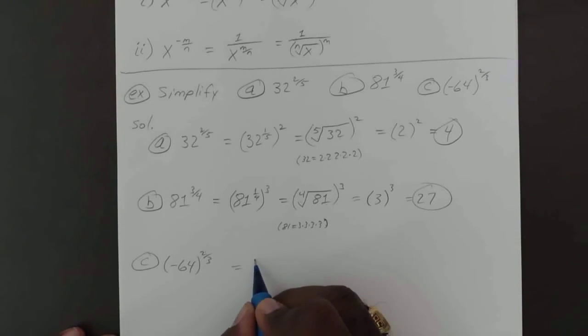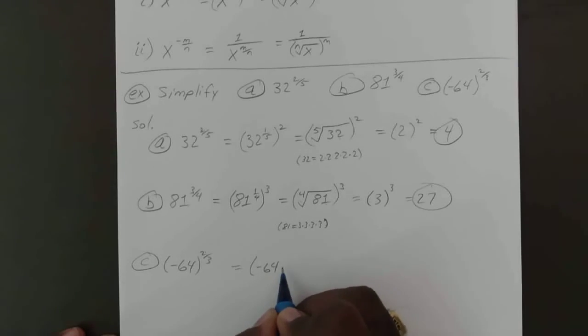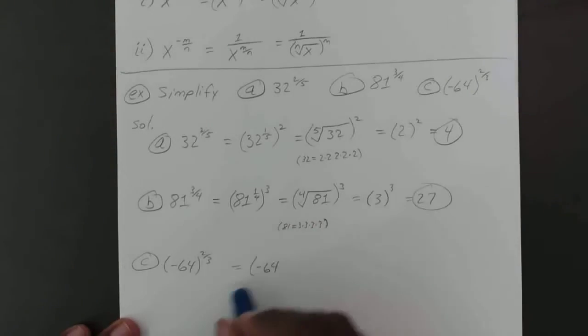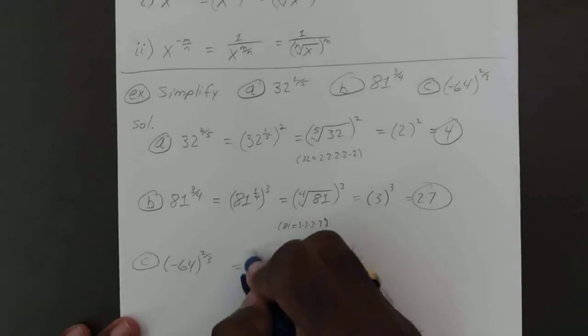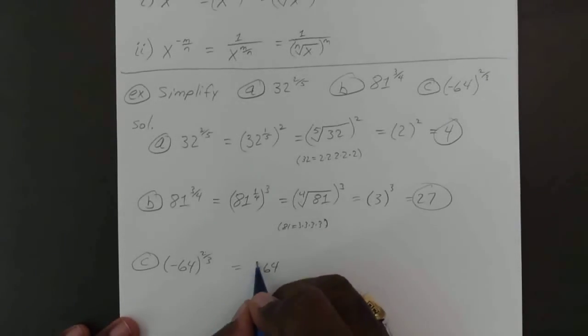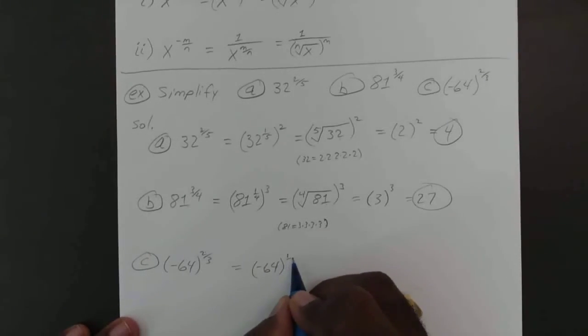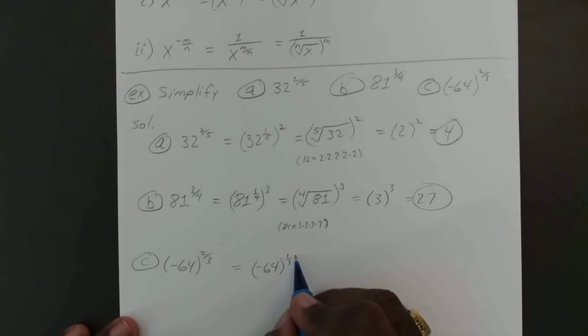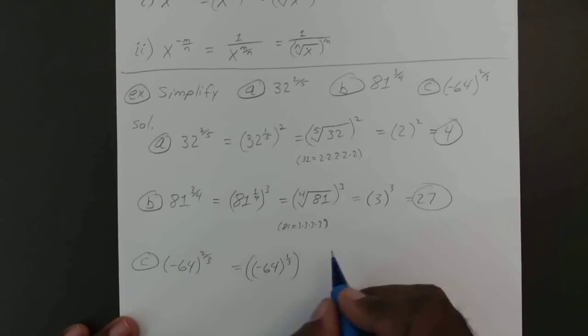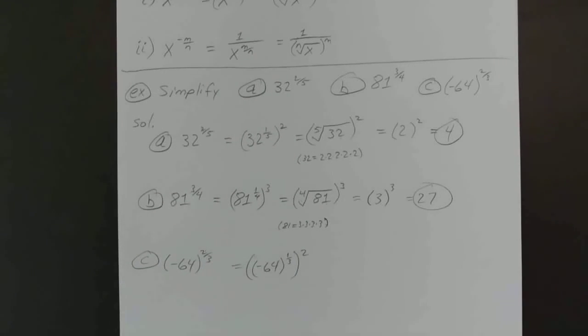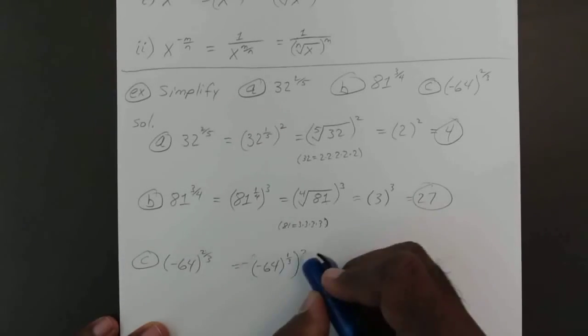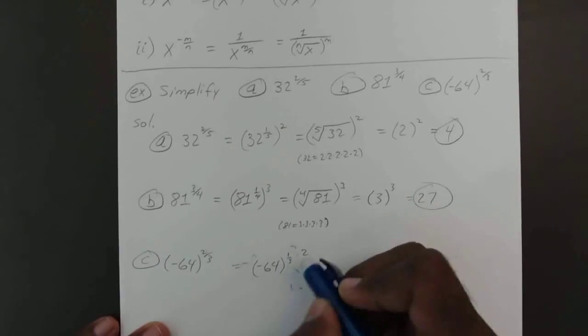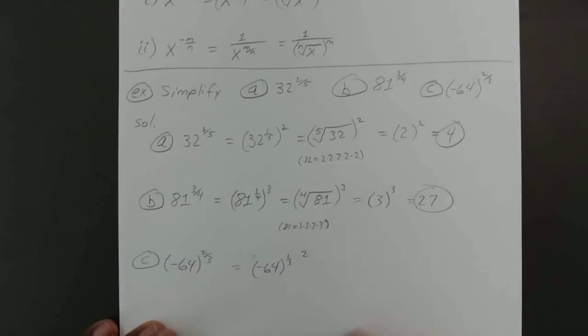So that's negative 64, and actually that negative's on the inside, so we need negative 64 to the 1/3 power, and that numerator brought to the outside makes that whole thing squared. Or if you don't want to use 2 sets of parentheses, you can use a set of parentheses and a set of brackets. Kind of might make it a little easier to follow.